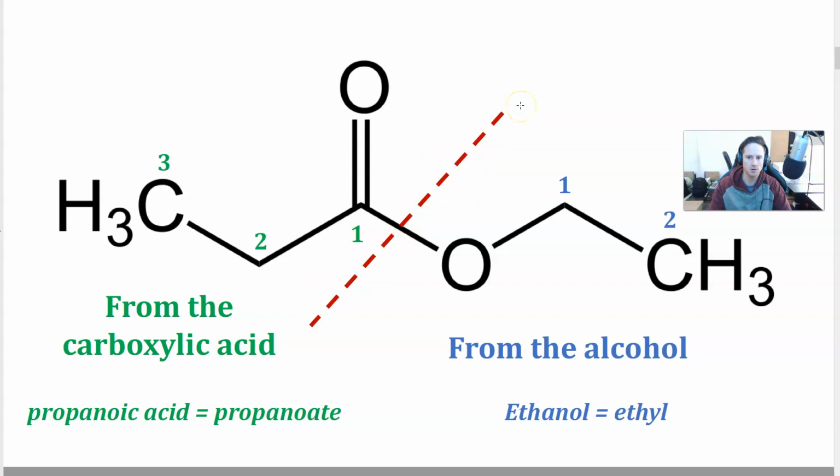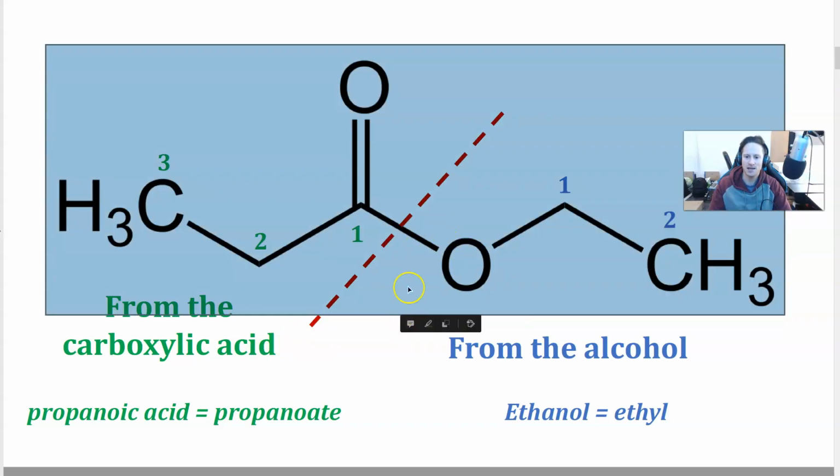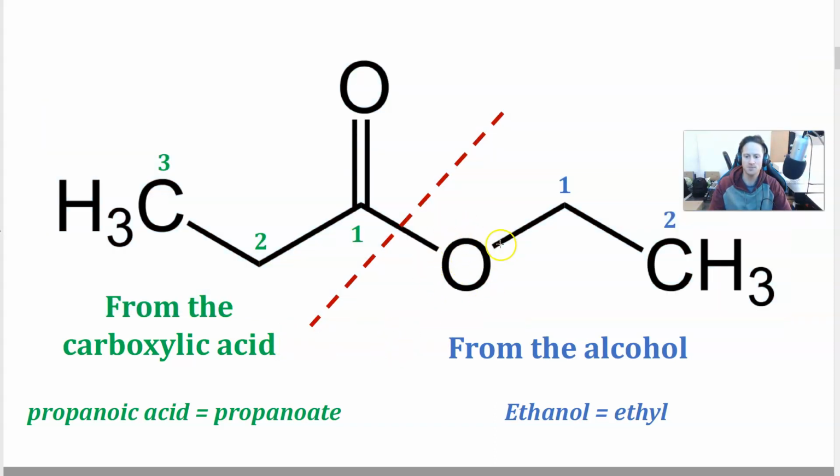You can draw that as well, just chop that up to help you visualize what's happening. An H attaches itself to this oxygen in order to make the alcohol. So this oxygen is from the alcohol, and then you add an OH to this carbonyl to make the carboxylic acid.